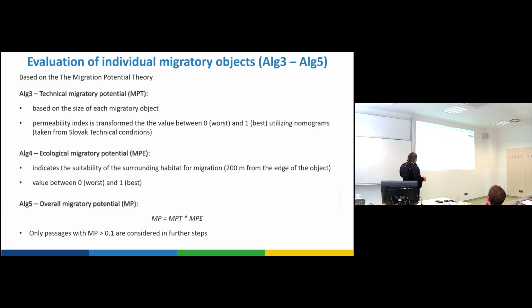This means that if you have a good object in terms of technical size, but the ecological surrounding is bad, you still get 0 or something near 0. So we still have an evaluation of each object between 0 and 1.